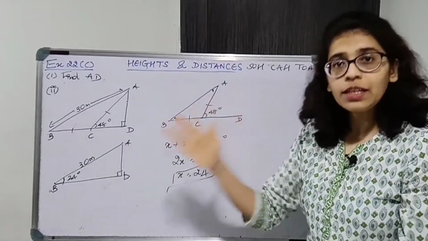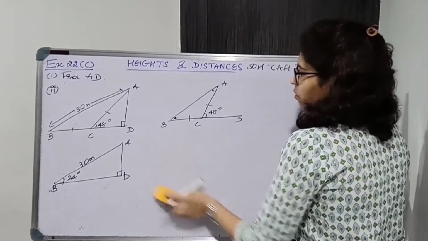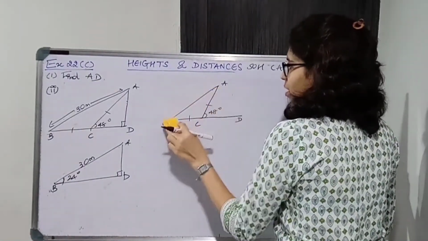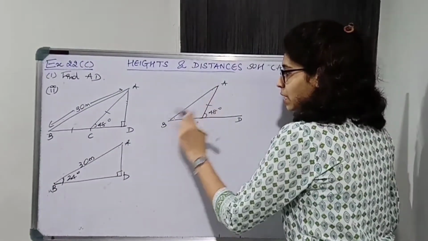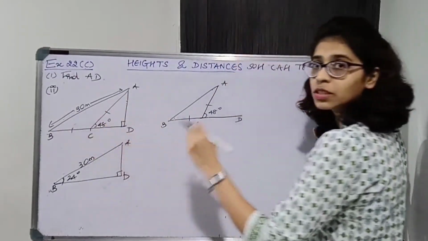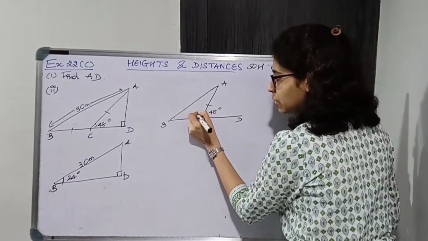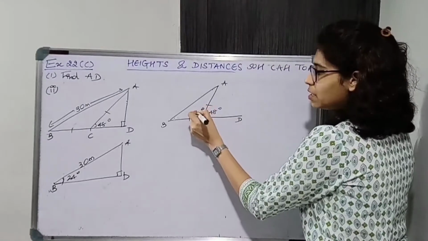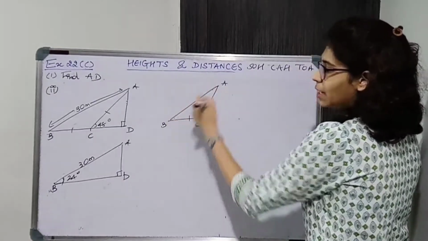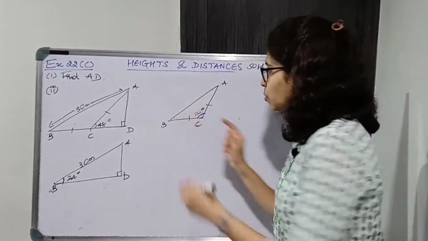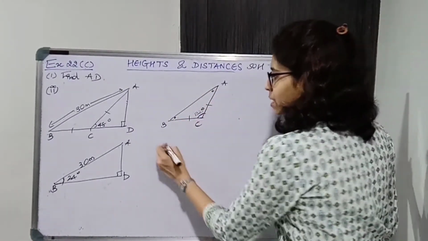Now in case you don't know the exterior angle property, you forgot, there is one more method. What you can do is use the linear pair का property. ACB and ACD, ये figure में देखो, they are forming a linear pair. So ये angle हो जाएगा 180 minus 48. 180 minus 48 is 132. So once you get this angle ACB, consider this isosceles triangle. Again same thing, इसका opposite angle and इसका opposite angle are equal. So let these two angles be x.